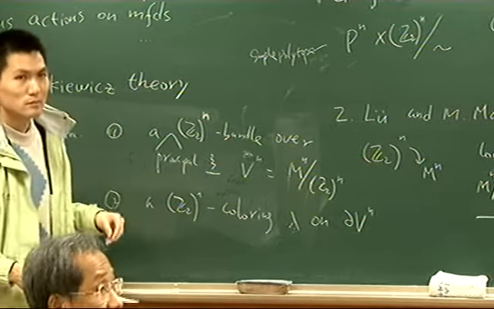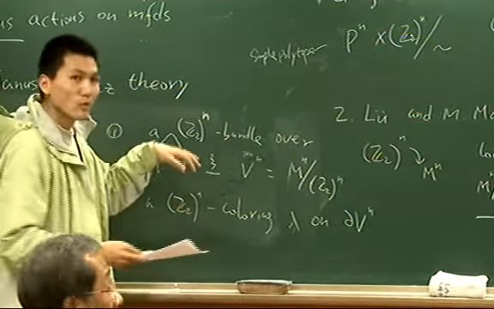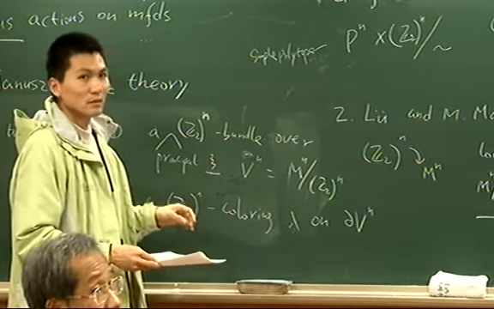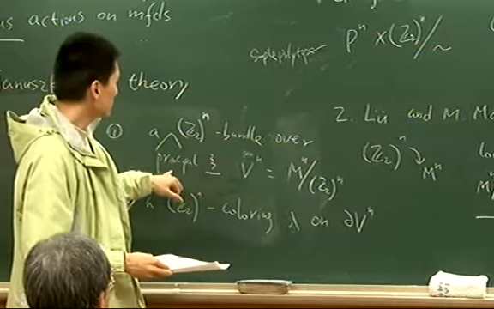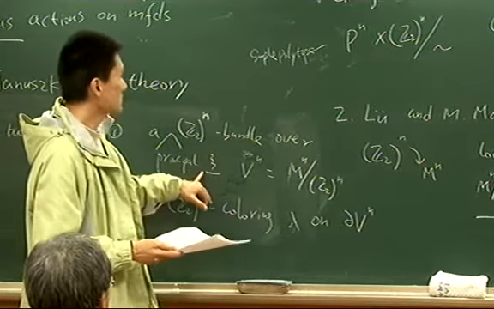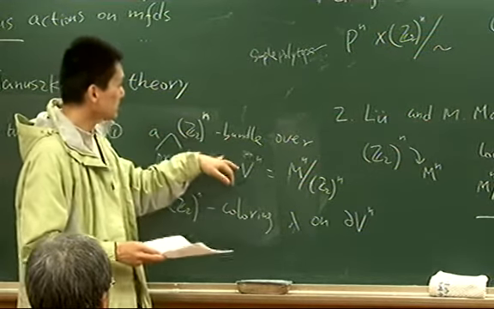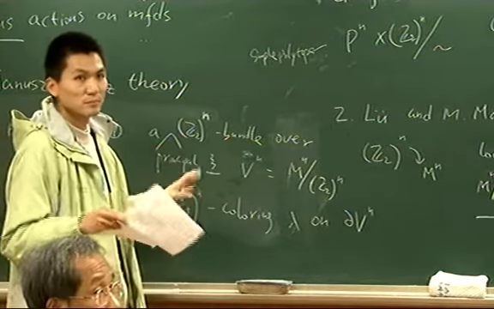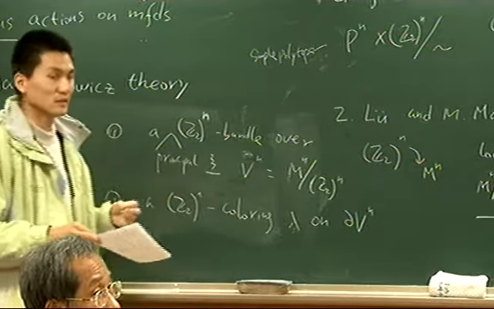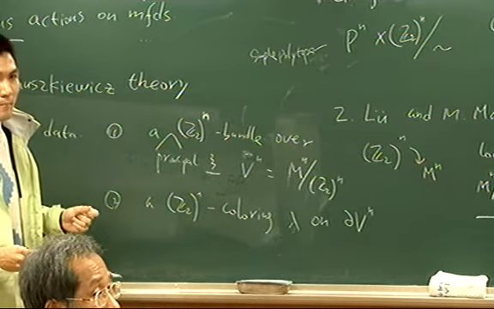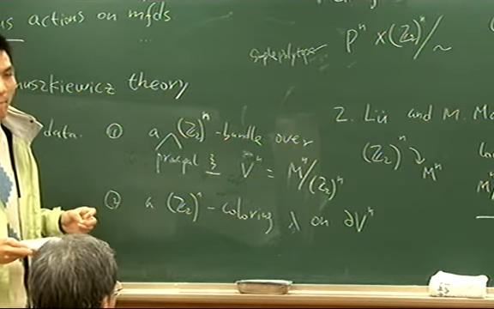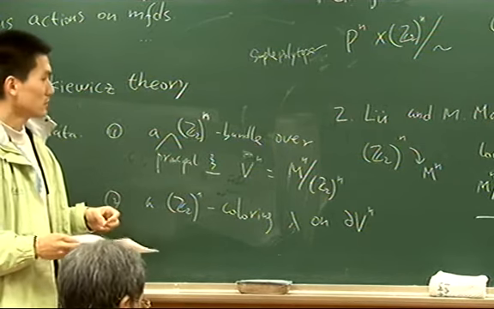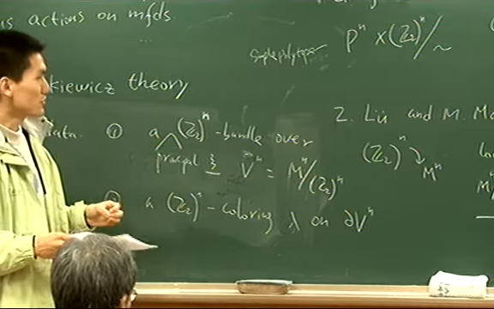Strictly speaking, Xi is a principal Z2^m bundle over the interior because the interior is the free orbits. But now we just consider the Z2^n principal bundle over the total orbit space, and not the interior.